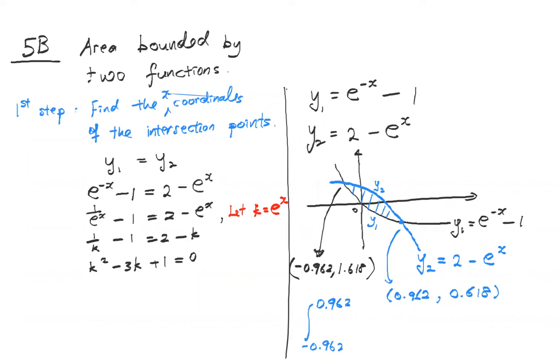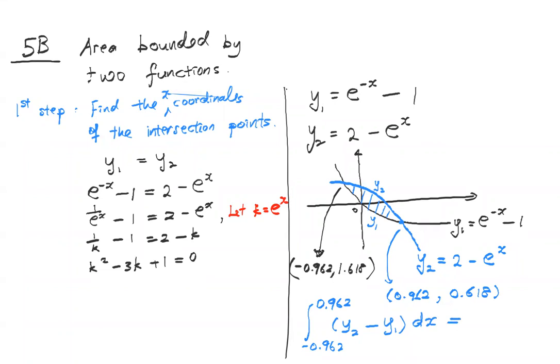Since you have keyed in your function into your calculator, correct? We always take the top, that is your y2 in this case, take away y1. Then you put dx. You use your calculator, you can get the answer.